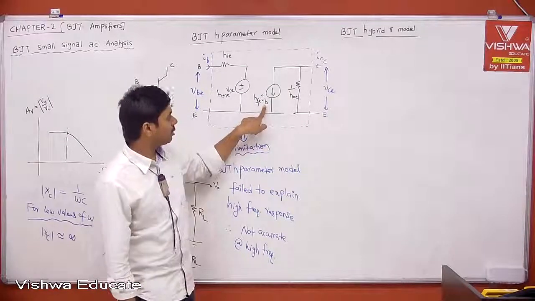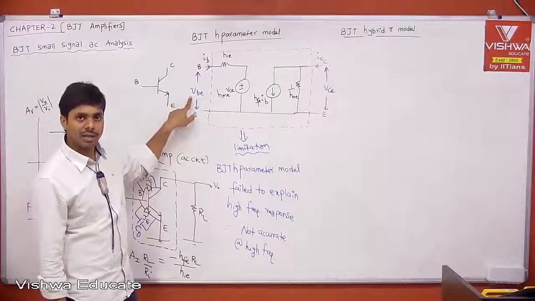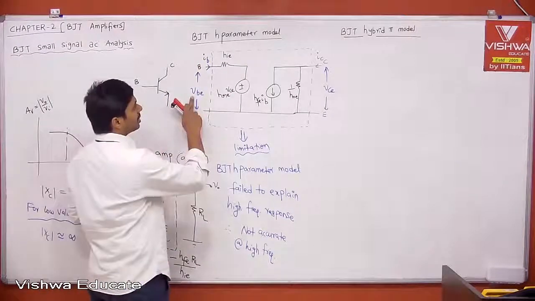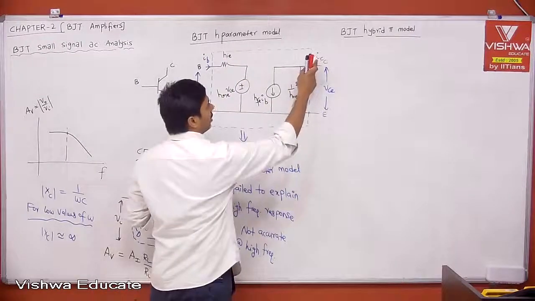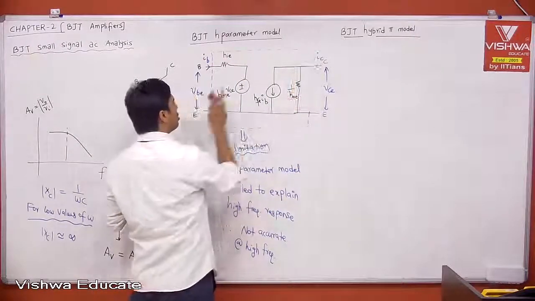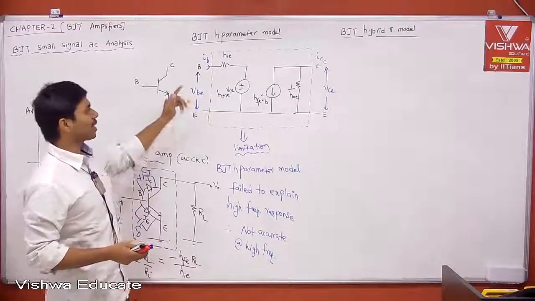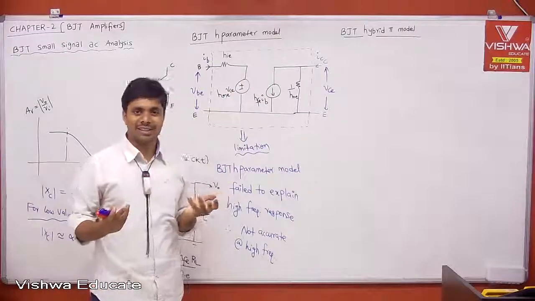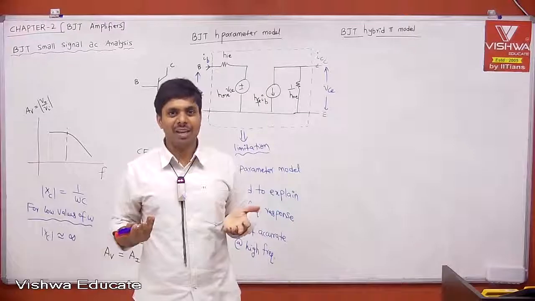And your IB is controlled by VBE. Means VBE is controlling IB, IB is controlling IC. Therefore, can I say your IC is controlled by VBE? That is, voltage is what is controlling your output current IC. Am I correct or not? Are you following me?